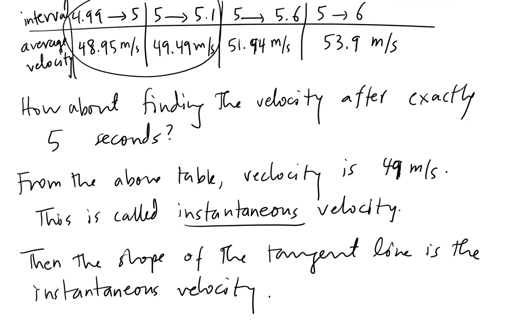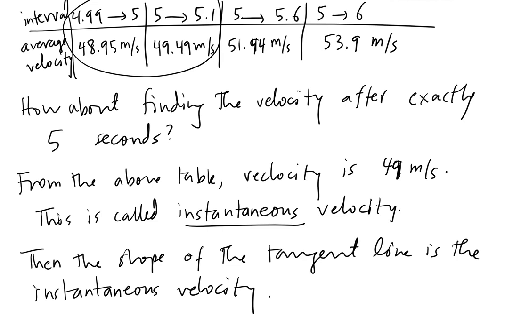Any questions about this? So it's a very short section. The idea behind it is to get you to learn two things. One, the average velocity over a specific interval is the slope of the secant line.